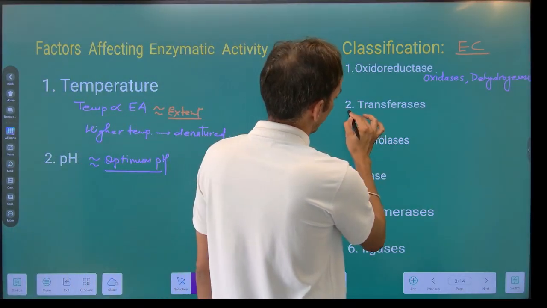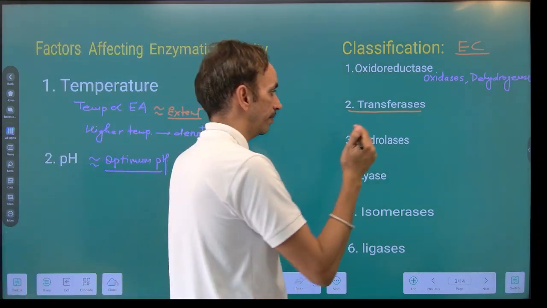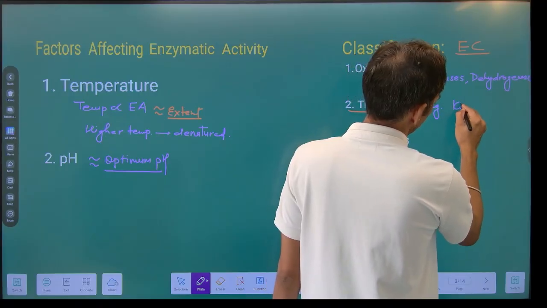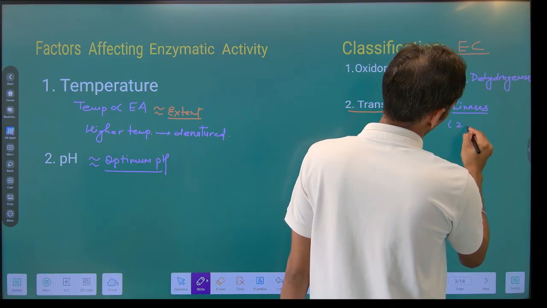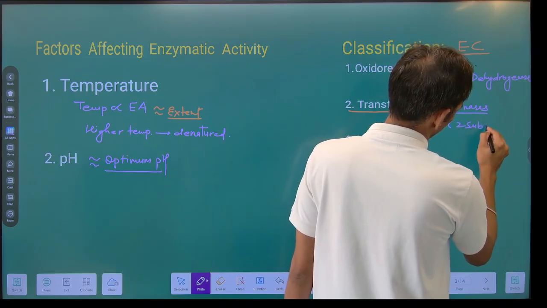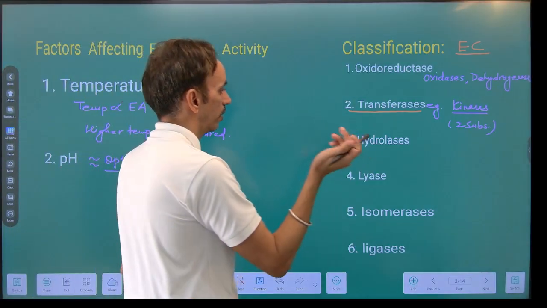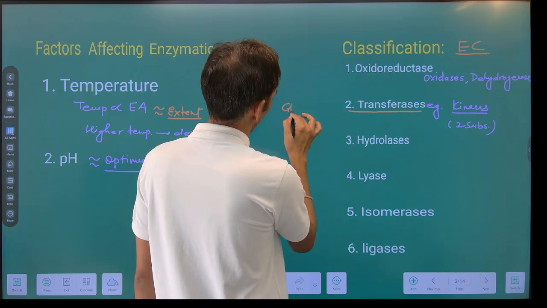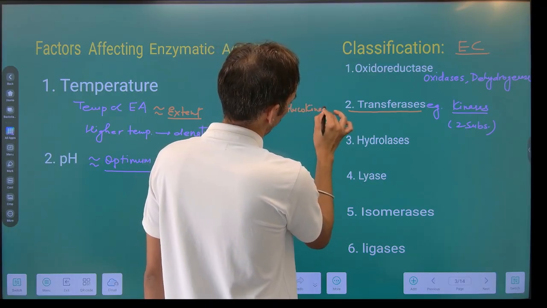Next is the transferases. In biological systems, the best example of transferases is the kinases, and these kinases require two substrates. We can take the example of the enzyme glucokinase.